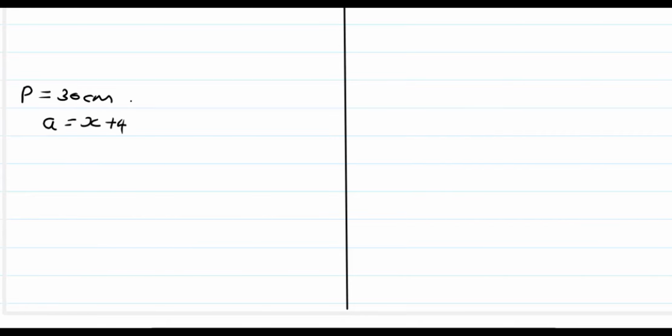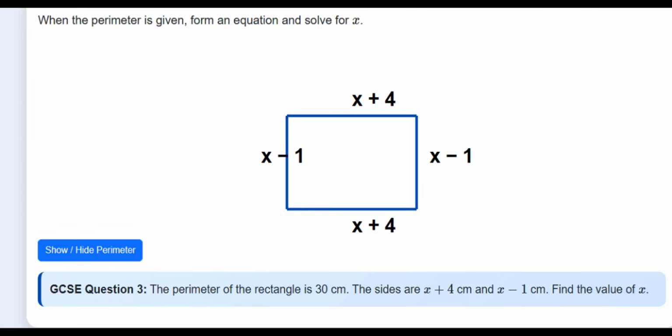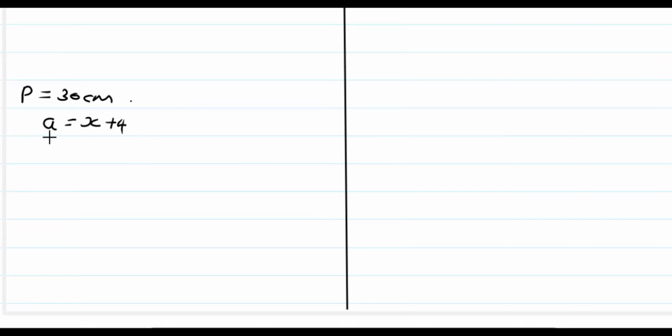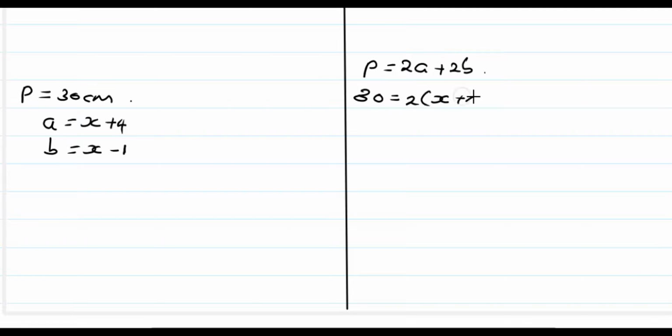Then side B is x minus 1. So from there, we already know perimeter P is given by 2a plus 2b, like that. But we already have the perimeter, so it will now be 30 is equal to 2 into which is x plus 4, then plus 2 into x minus 1, because we already have b.